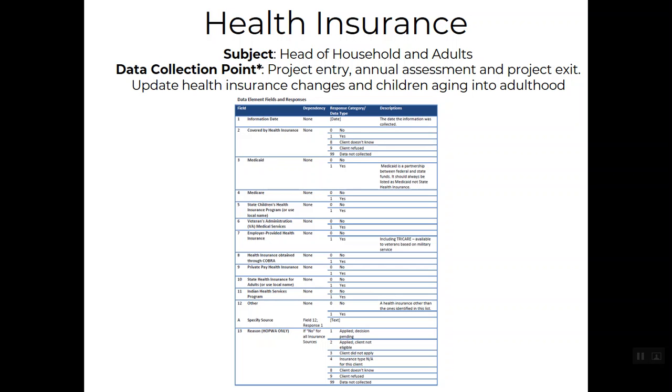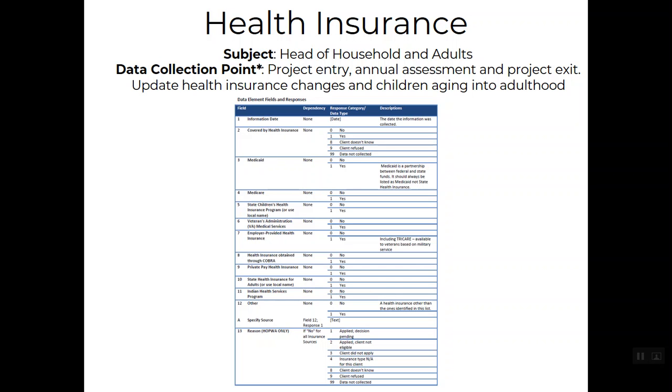And the options are, again, Medicaid, which in Massachusetts is Mass Health, Medicare, State Children's Health Insurance Program, VA Medical Services, Employer Health Insurance, COBRA, private pay, state health insurance for adults, Indian Health Services, other, and then to specify the other if they do not have it.